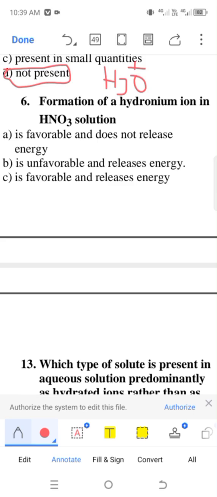But if it's a weak acid or weak base, it's unfavorable because it will form ions but not completely, only partially dissociating or ionizing. So nitric acid is a strong acid, so the formation of hydronium and the ions in the solution is favorable, and the formation of hydronium is exothermic, so C is the correct answer, which is favorable and releases energy.